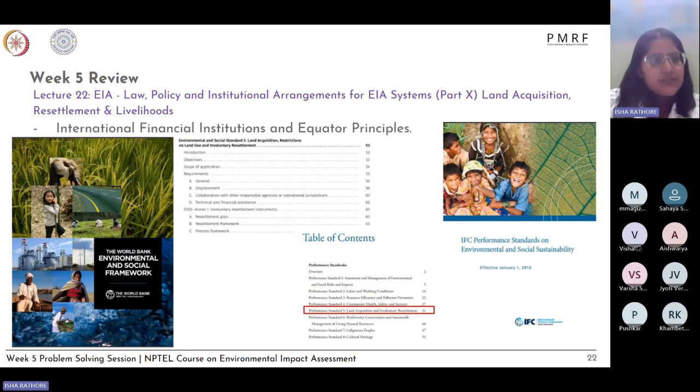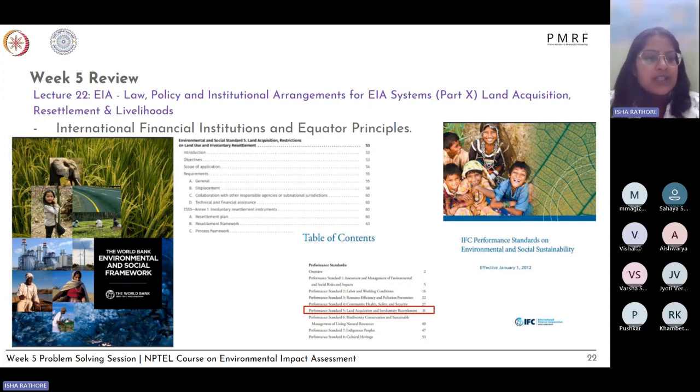So then we also had a few international financial institutions and Equator principles, which look at land acquisition, settlement and livelihood considerations. We have the IFC, or the International Finance Corporation Performance Standard 5, which looks at land acquisition and involuntary resettlement and covers all the different aspects and how to calculate compensation and other guidelines.